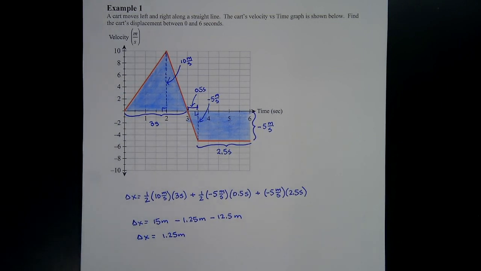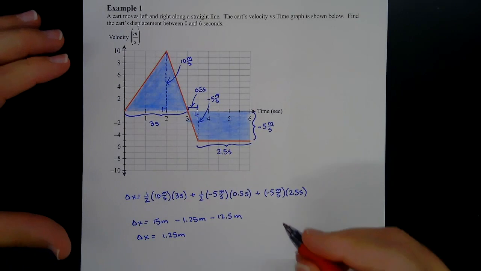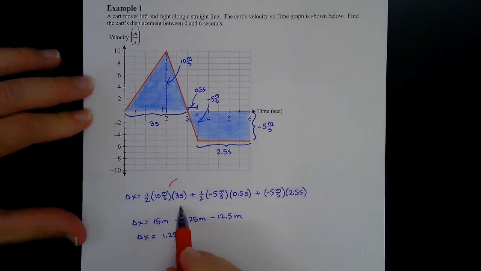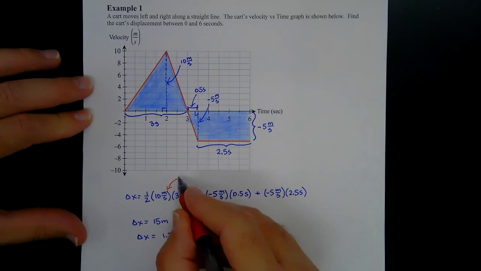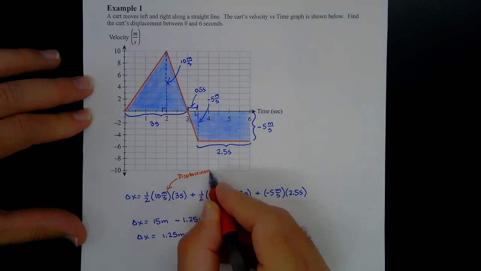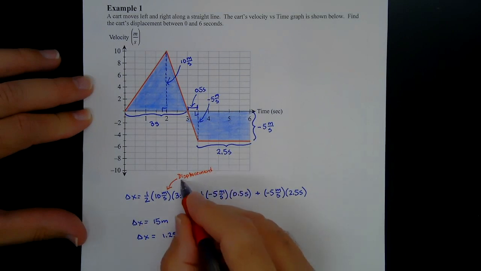And that's how you find the displacement from a velocity graph. I'm going to add this. I said it, but I didn't write it. This calculation right here is the displacement between 0 and 3.